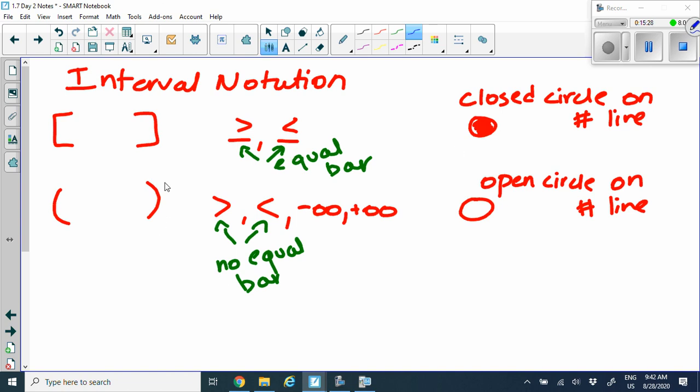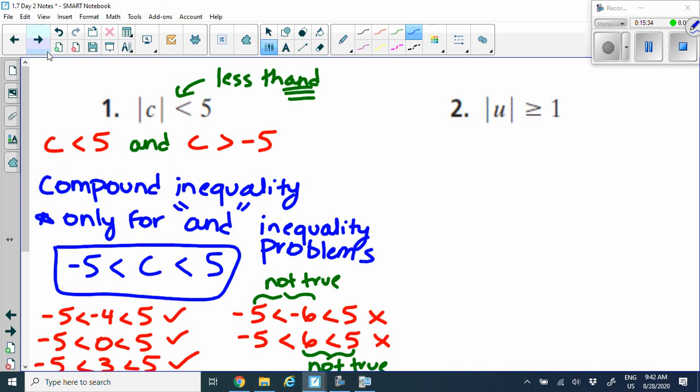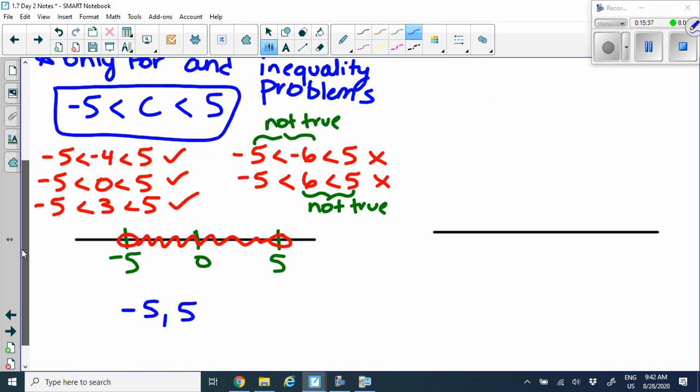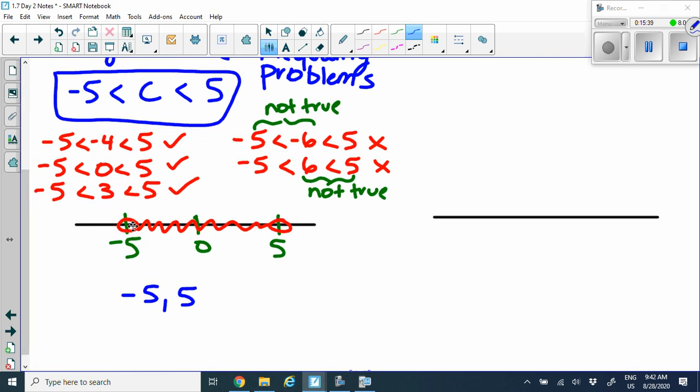But we use parentheses when we don't have equal bars on our inequalities and it's an open circle. If we look, we have an open circle here, so that means we are going to use parentheses around the -5. Now we keep going, and we stop at +5, right? So that's the end of our segment. It's once again an open circle, so we are going to use parentheses.